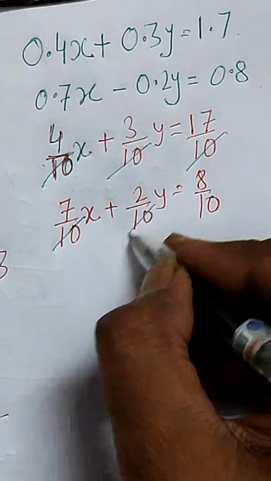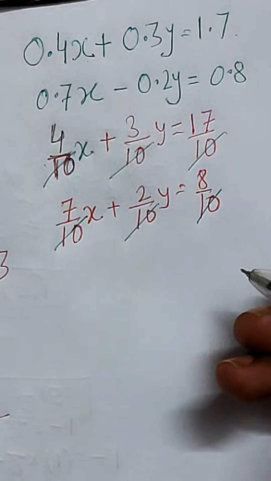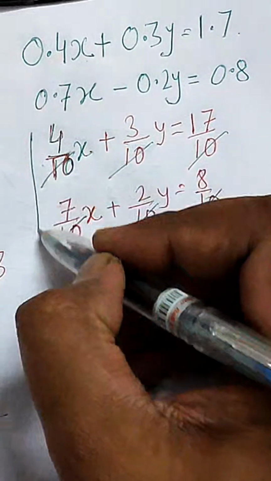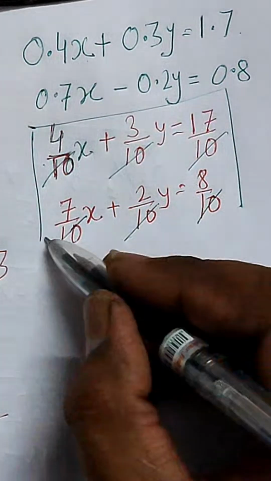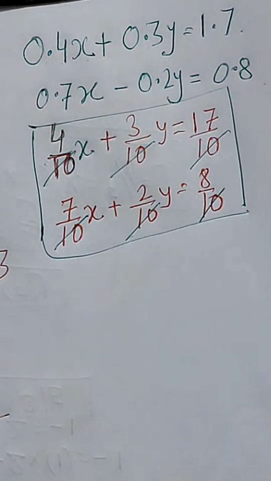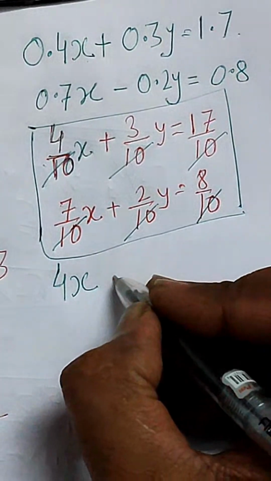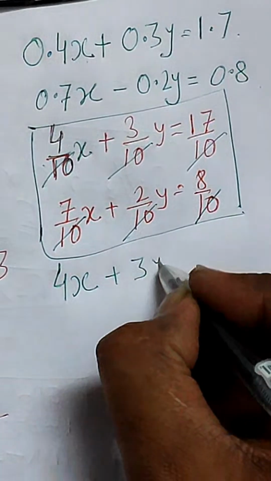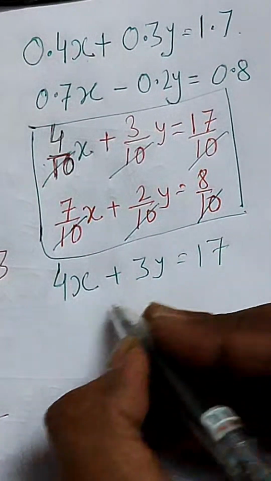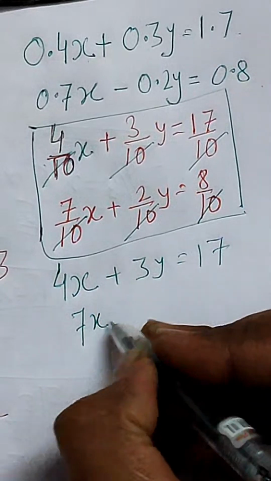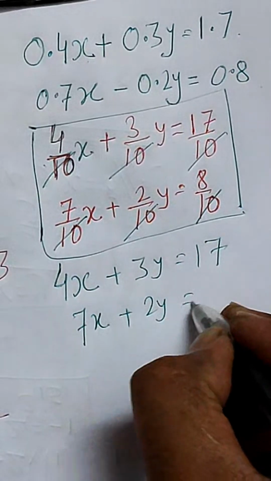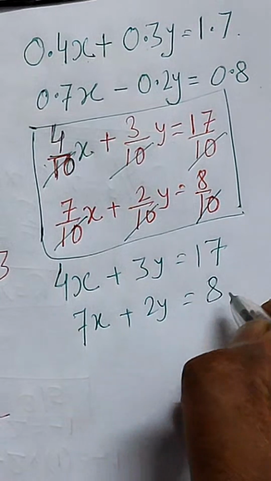Then these two equations will look like this: 4x plus 3y is equal to 17 and 7x plus 2y is equal to 8.